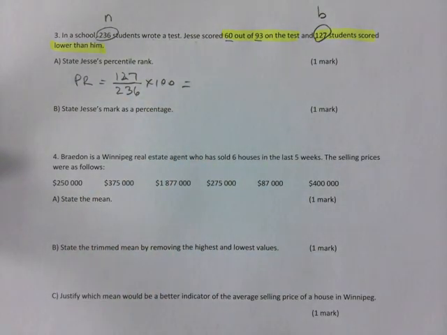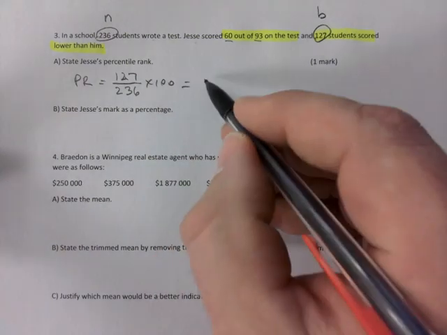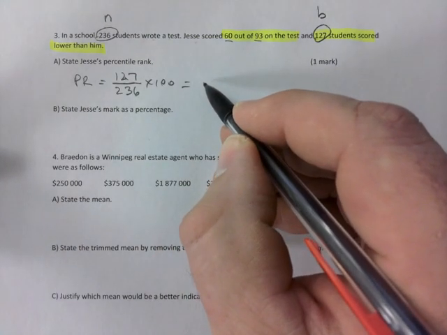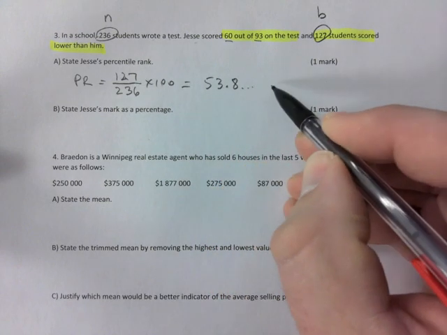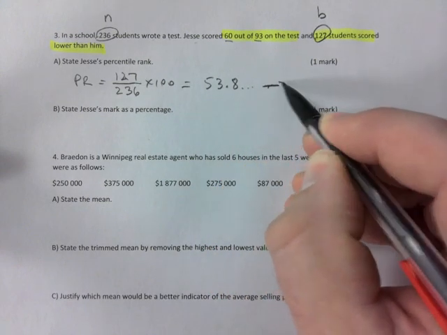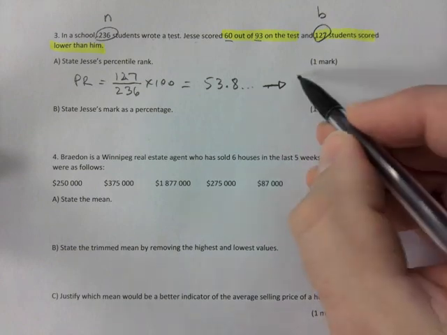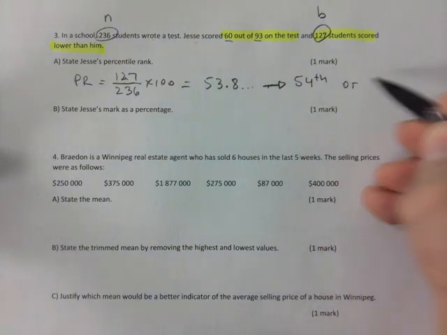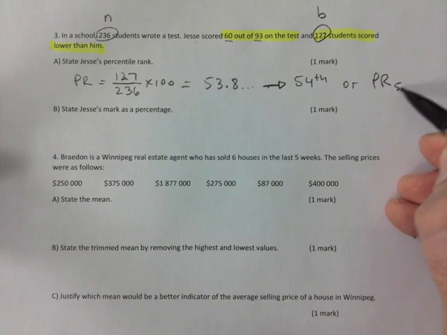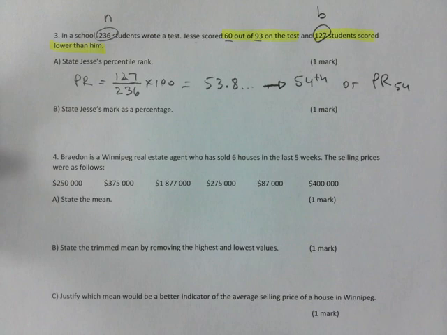So you go 127 divided by 236, times 100. That's 53.8, and that keeps going. We'll round it to the 54th percentile, or you can say PR 54. Doesn't matter.